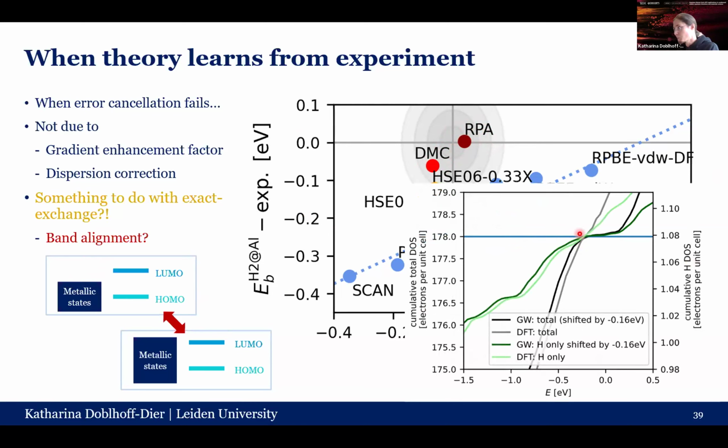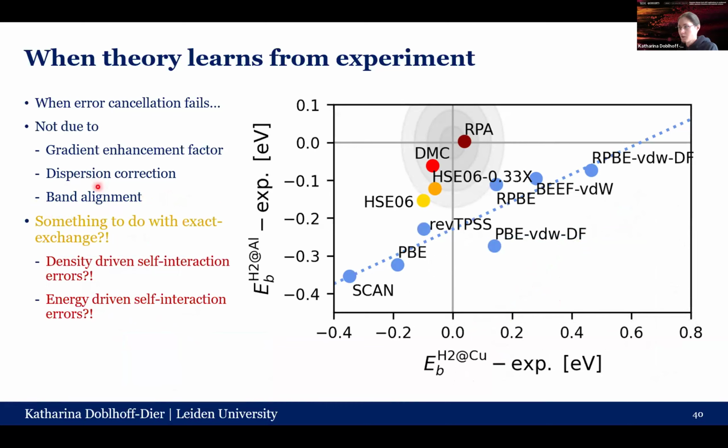If you plot the population of the hydrogen-related density versus the total density of states as we cross the Fermi level, independently of whether you use a GW calculation, shown here in dark green for the hydrogen-related density of states and in black for the total density of states, or whether we use a DFT calculation for the same, the population on the hydrogens doesn't seem to change. So I don't think that this is a band alignment issue.